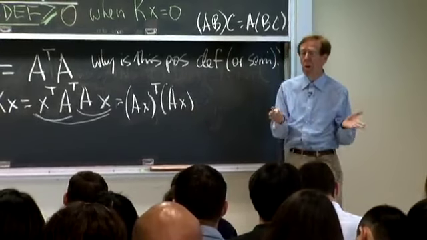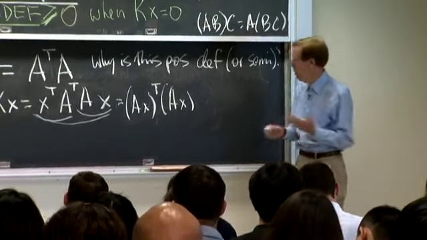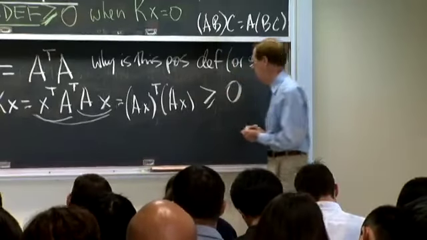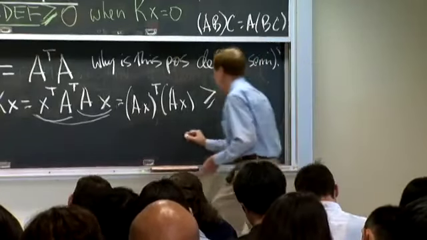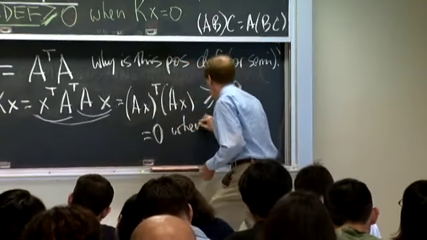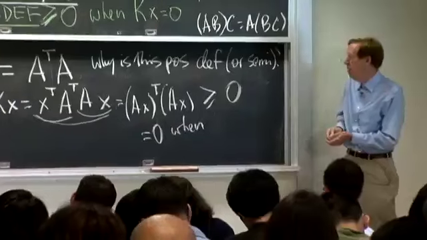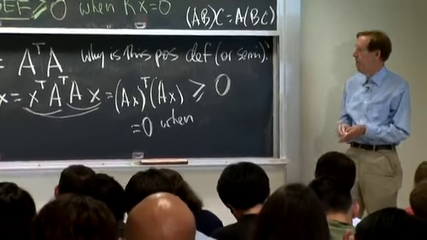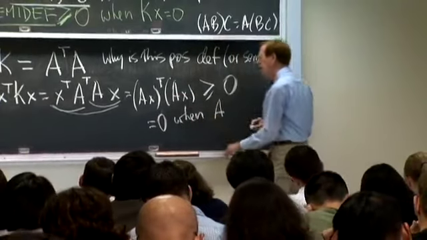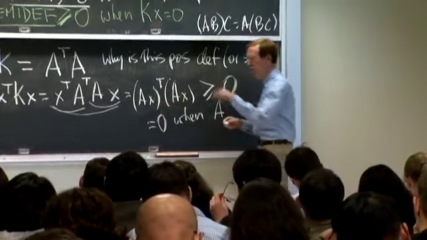That it is never negative. It's always greater than 0 or possibly equal. When does that quantity equal 0? When AX is 0, because this is a vector, and that's the same vector transposed.